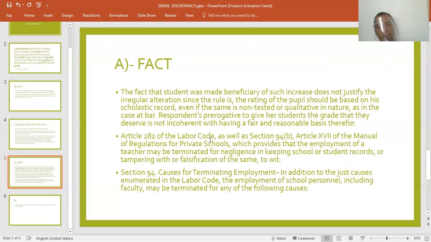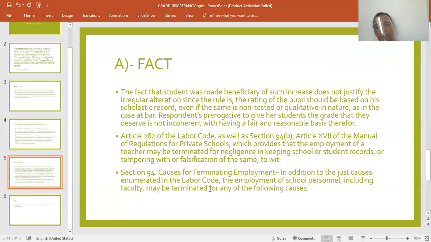Article 282 of the Labor Code, as well as Section 94, Article 7 of the Manual of Regulations for Private Schools, provides that the employment of a teacher may be terminated for negligence in keeping school or student records or tampering with or falsification of the same.